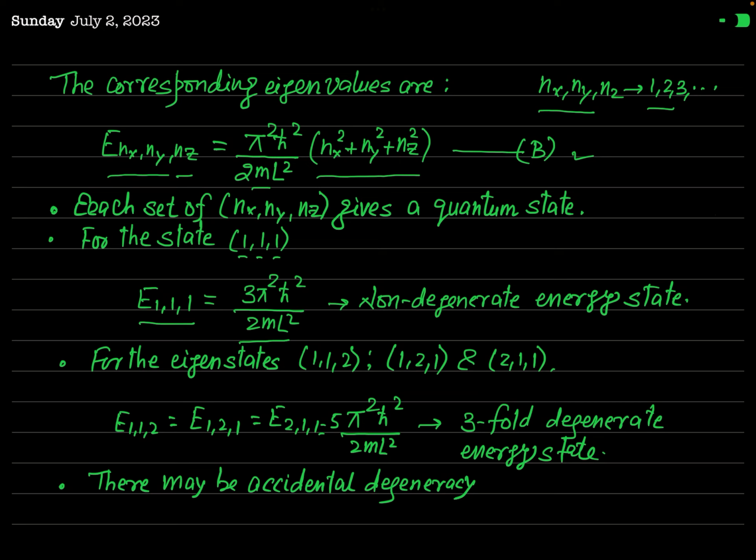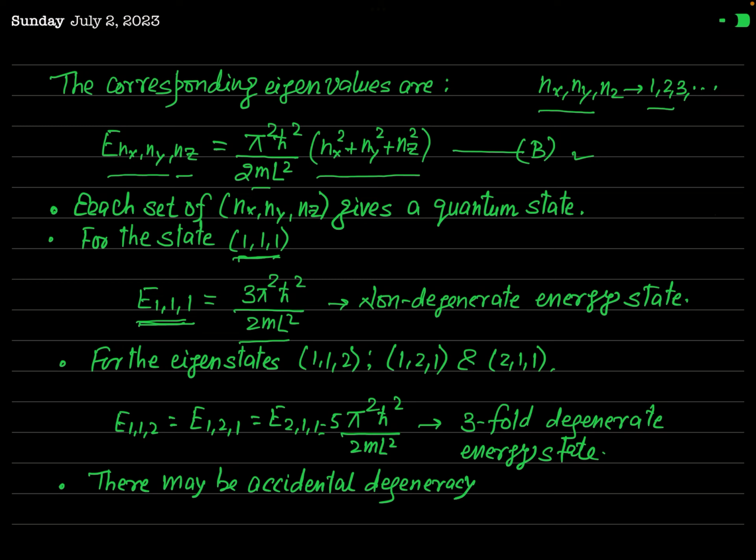So this 1, 1, 1 represents a particular quantum state, and for this energy eigenvalue, you can see there is only one quantum state. So we say that the energy eigenvalue E111 is non-degenerate.